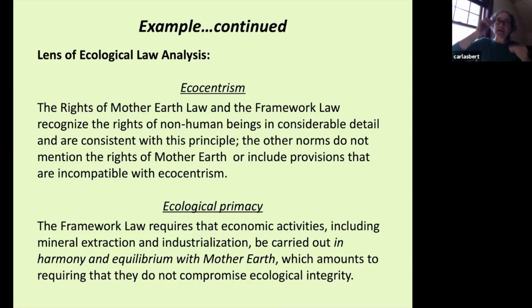If you read all the definitions of what that means, it amounts to a standard of respecting ecological integrity and requiring that any economic activities do not compromise it. So it's pretty impressive in the law itself. Next slide, please.